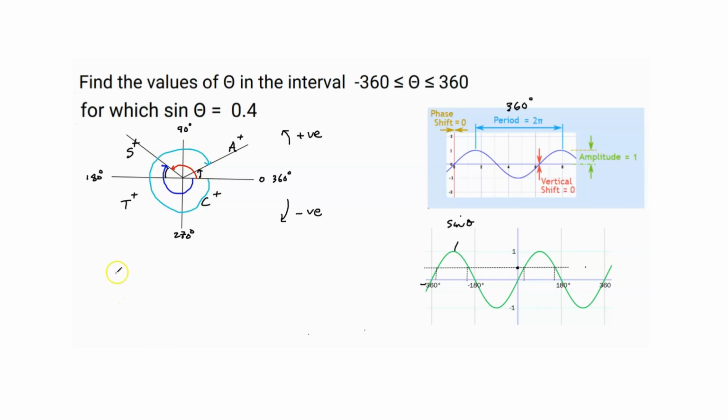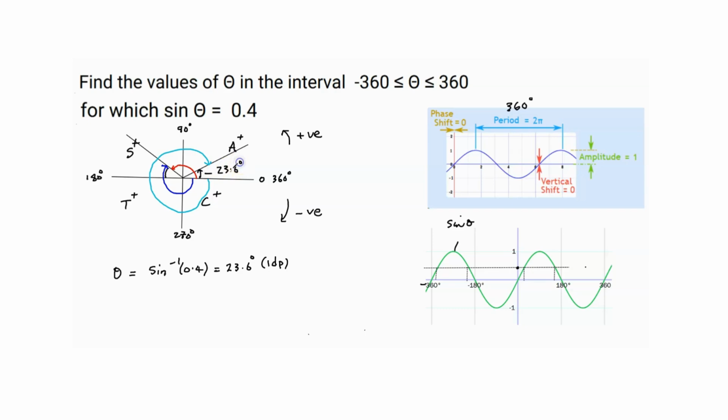So theta would then equal sine inverse 0.4. And when we input that in our scientific calculator, we get 23.6 degrees to 1 decimal place. So it means that our first angle here is 23.6 degrees. That's a possible solution.